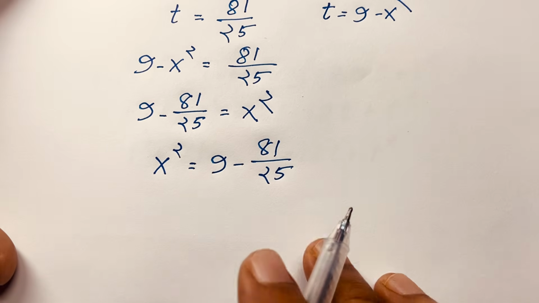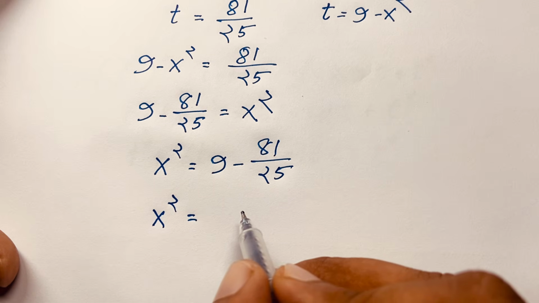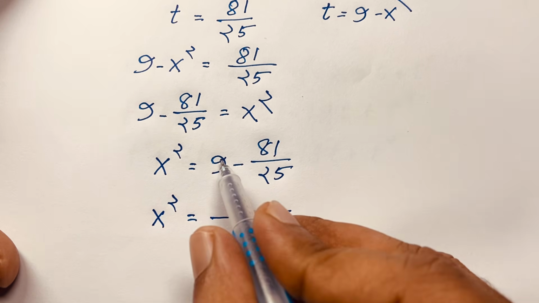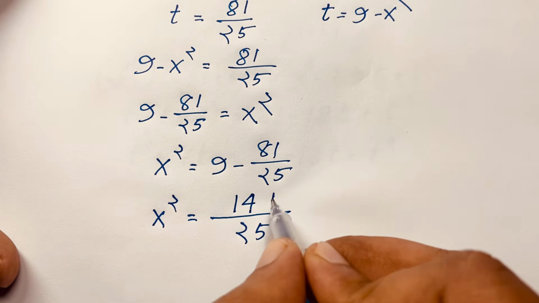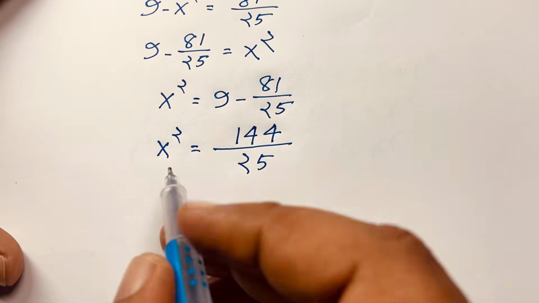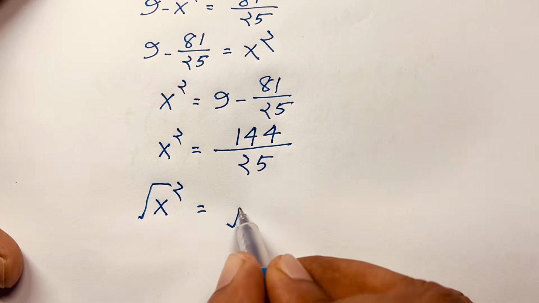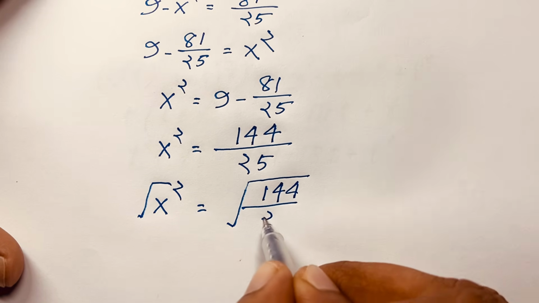Then at this moment you can say this expression will be x to the power 2 is equal to 9 times 25 minus 81, over 25, which will be 144 over 25. Now at this moment I use both sides square root. Here square root of 144 over 25.